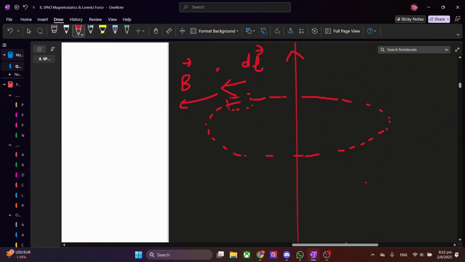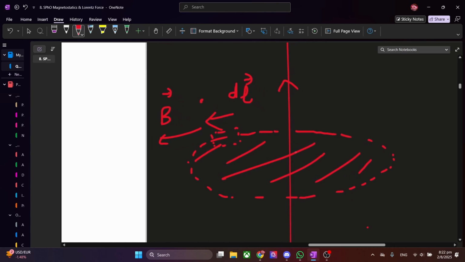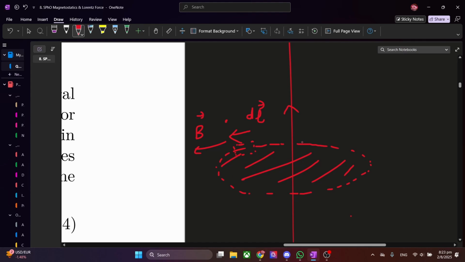As you can see, this loop has some surface on it, something like this, and you can see that this current passes through this loop. So this current contributes to your I enclosed. And that's your Ampere's law.